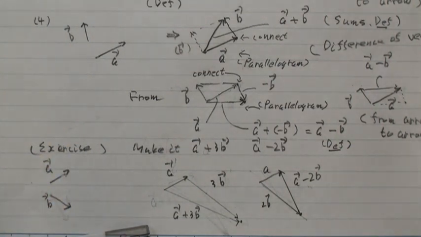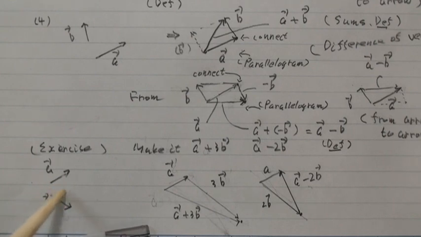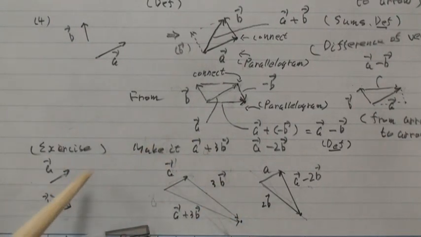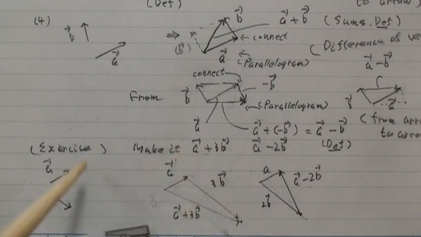Then a plus 3b equals a vector connected with b vector, size multiple 3, and direction is equal.